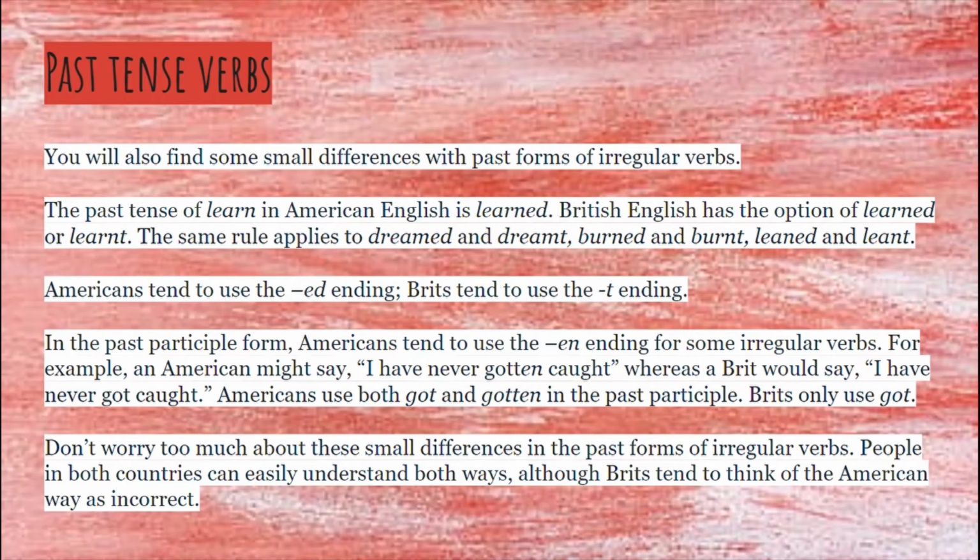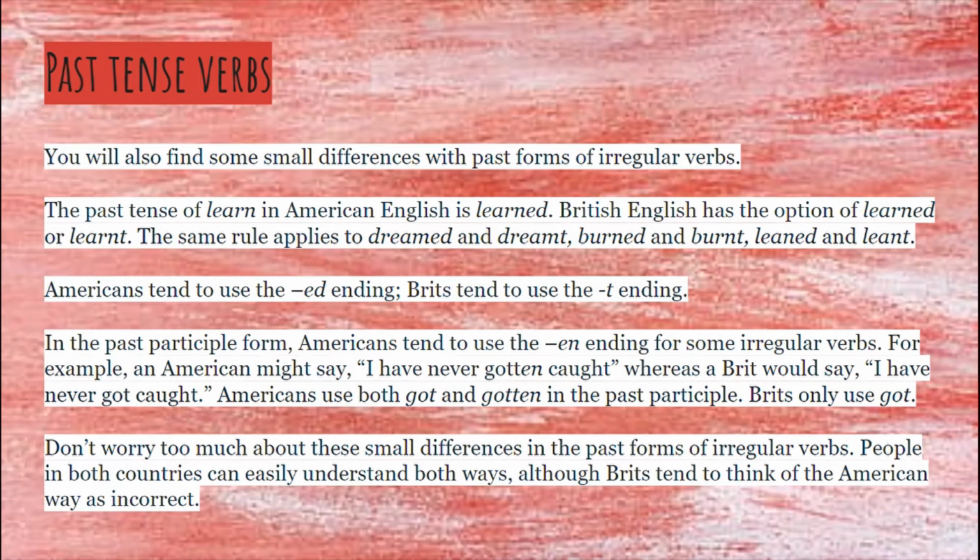People tend to think, if someone says, "I've never got caught," that's wrong. It isn't. That person probably isn't familiar with British English, but these little differences don't even hinder communication.